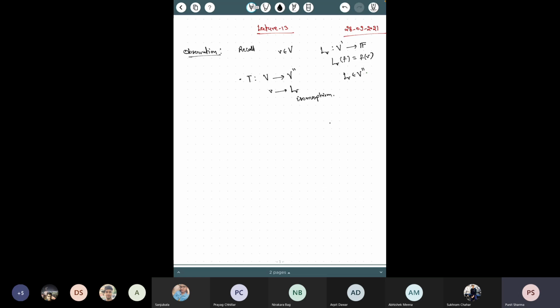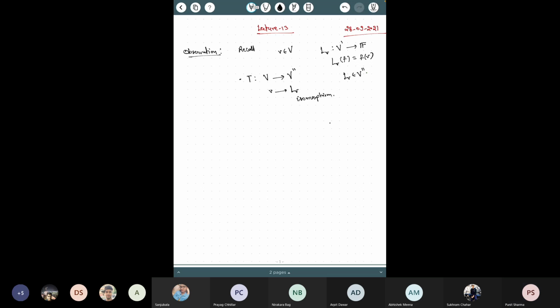Using this isomorphism, we can identify the space V and its double dual V double dash. If there is an element in V, we can talk about the corresponding element in V double dash, and vice versa.